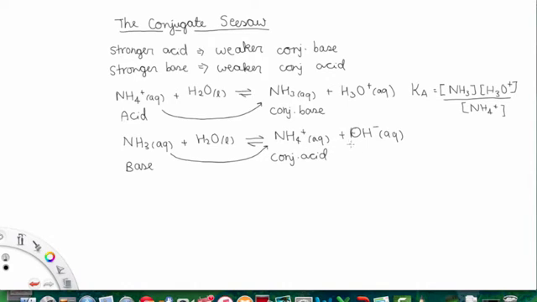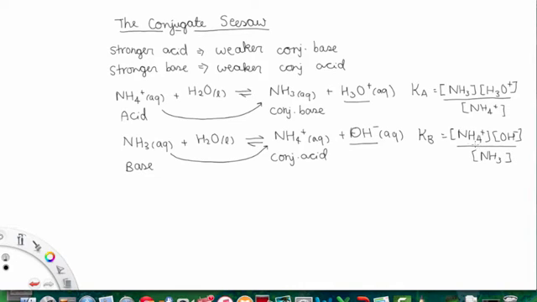In this case, you have the hydroxide ion, and in the other case, you have the hydronium ion. So we write out the basicity constant Kb as NH4+ OH- over NH3.